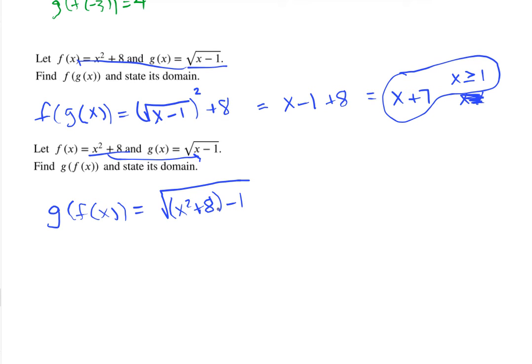I don't need the parentheses, so I will just simplify it to x squared plus 7. And then I asked, well, is there anything that cannot be put in here? Is there anything that would make this negative underneath? And because this is squared, no, I can put anything I want into that. So my domain is going to be all real numbers.